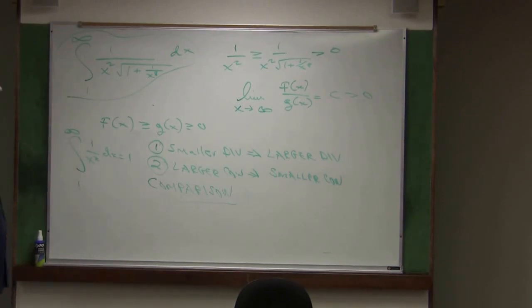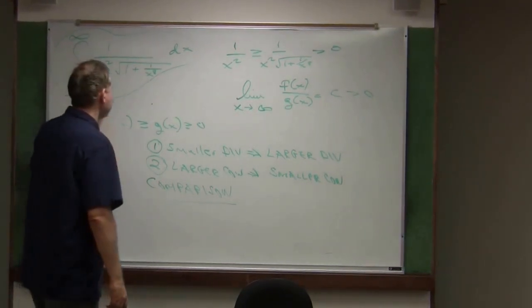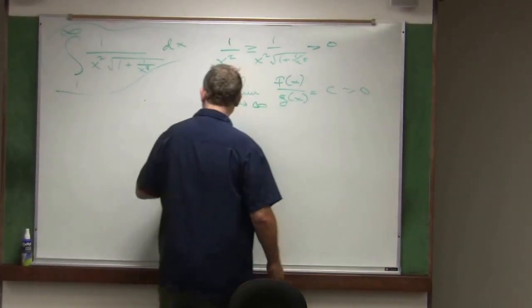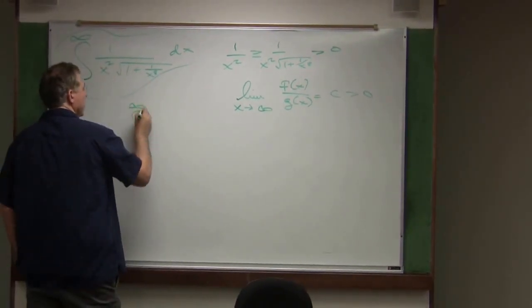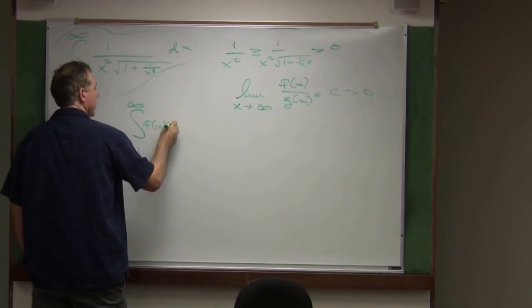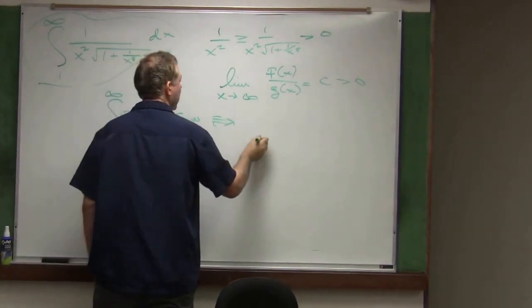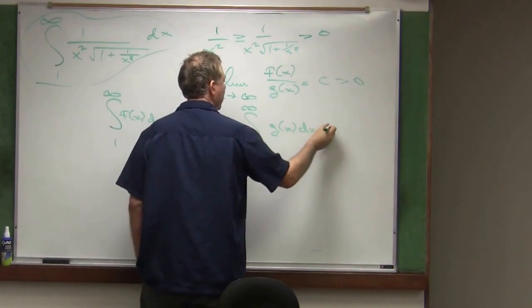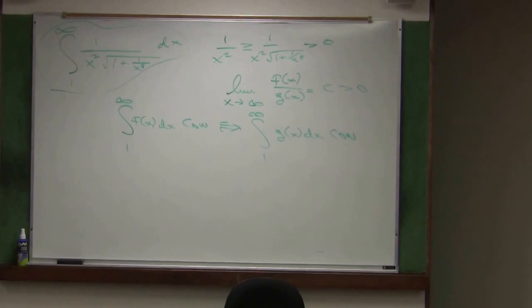So in this case, if you do have a positive constant, then the limit comparison test is going to say that this integral from 1 to infinity of f is going to converge if and only if this integral from 1 to infinity of g is going to converge. In other words, they will have the same behavior.